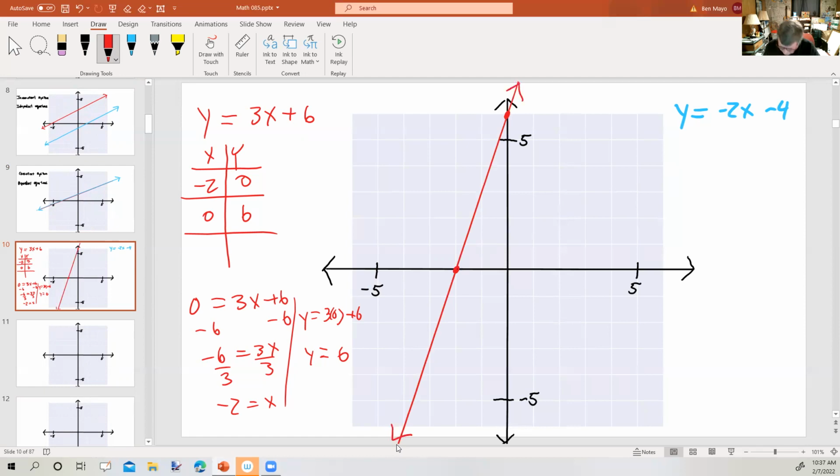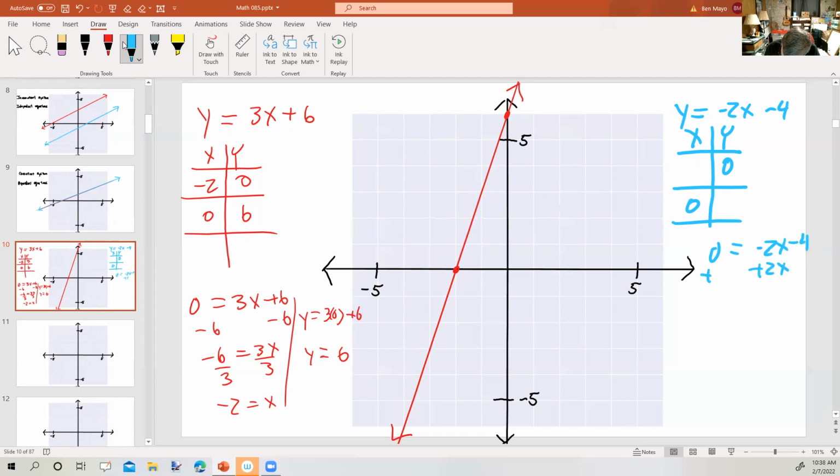Right. Now the blue equation. Let's see. We could again go ahead and use the x and y intercepts. When y is 0, we get 0 equals negative 2x minus 4. We'll add 2x to both sides. 2x equals negative 4.